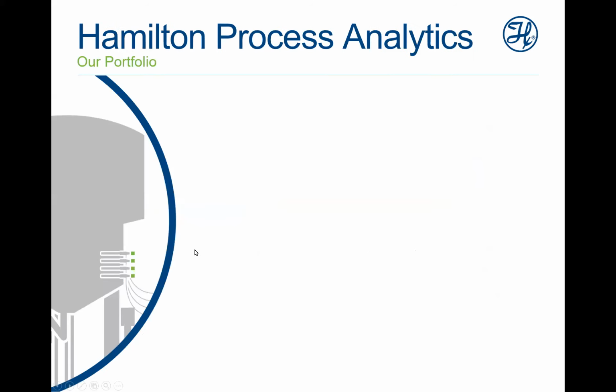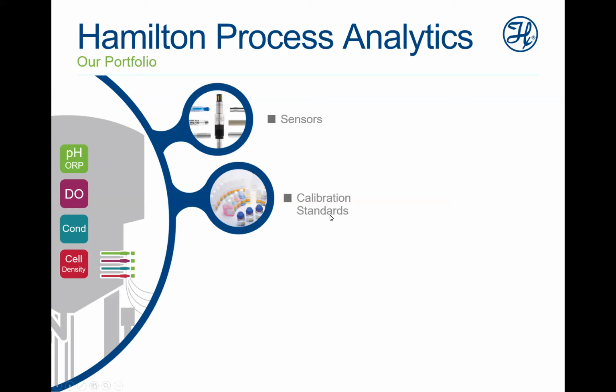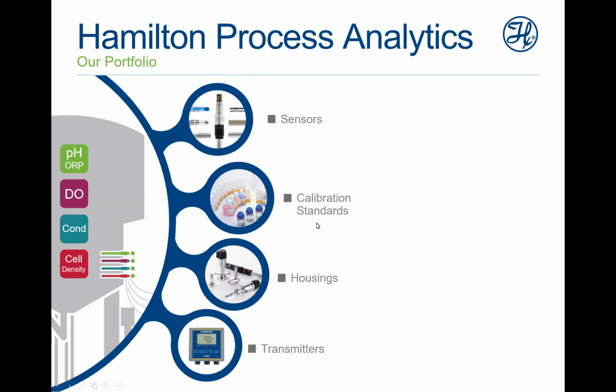You may already know some of the Hamilton sensors, and you may be using them. We have sensors for pH, DO, conductivity, and cell density. And of course, we have all these accessories around the sensors, such as calibration standards, housings, and transmitters.